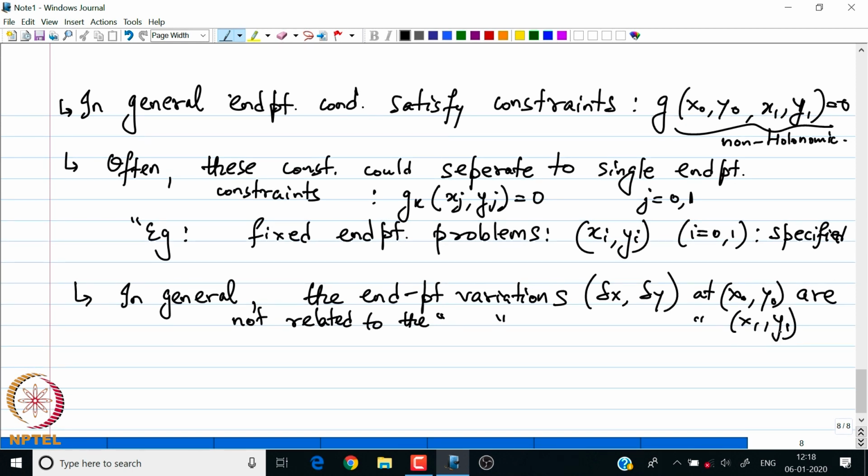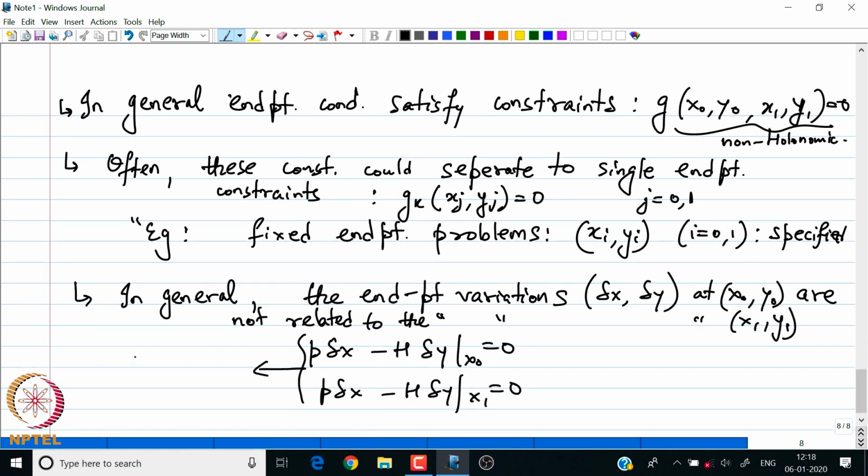So, in that case we will have a set of two endpoint criteria which are completely independent of each other. So, in that case we have the condition p delta x minus h delta y to be satisfied at x naught, and p delta x minus h delta y satisfied at x1, and these are two separate criteria.